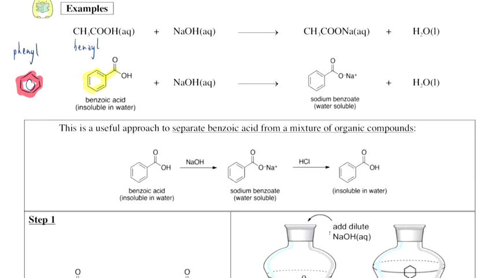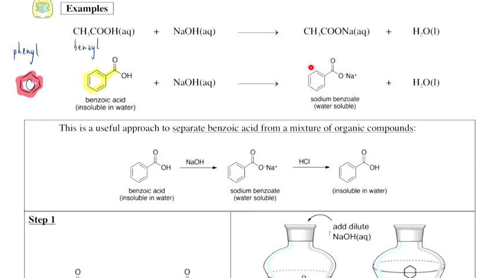Okay, but if we take a look at the salt we formed, it's sodium benzoate. So remember last year the solubility table I asked you to remember. Remember for group 1, all the salts are soluble in water. So here we have a sodium salt.